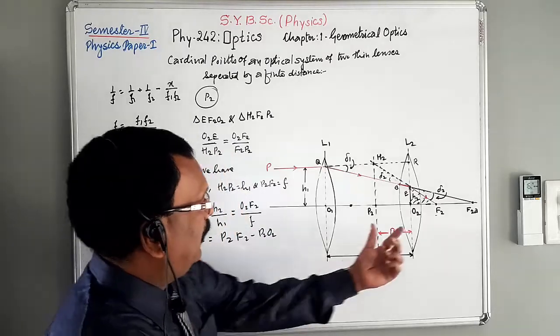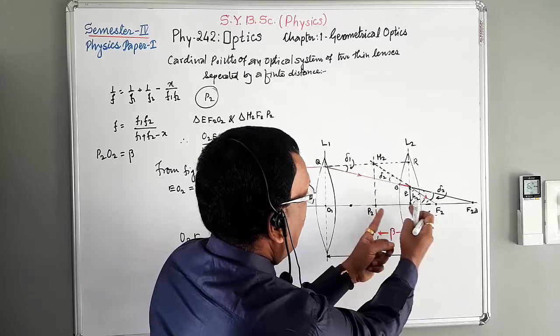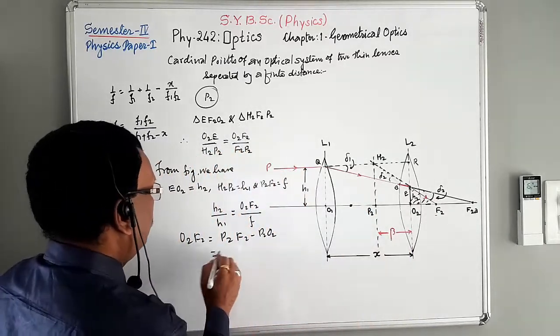See here, this side is equal to this side minus this side.